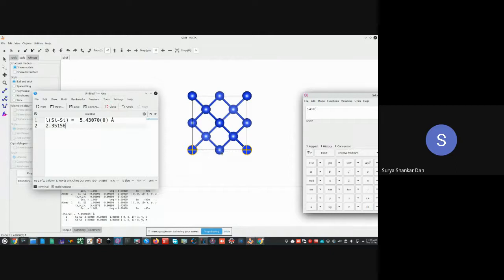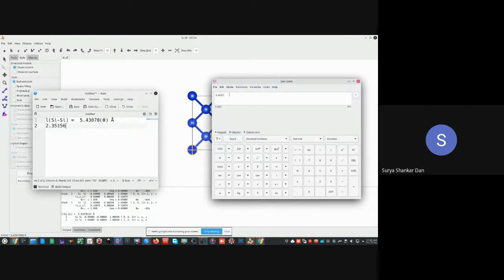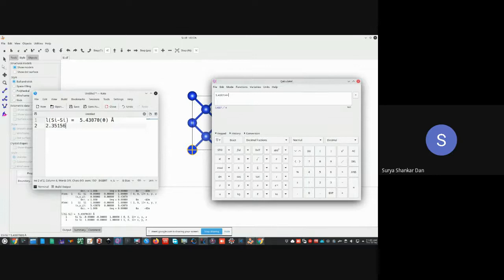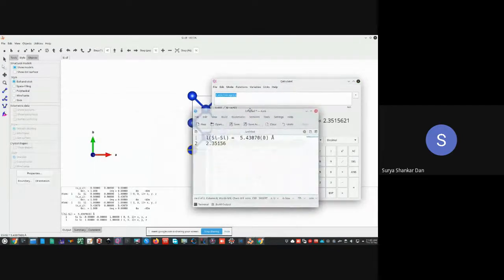This is the lattice constant, 5.43 angstrom. So if we want to do that, we will simply divide by 4 and multiply by square root of 3. You are left with 2.35156. Okay, as you can clearly see.